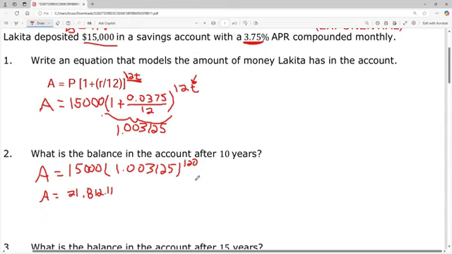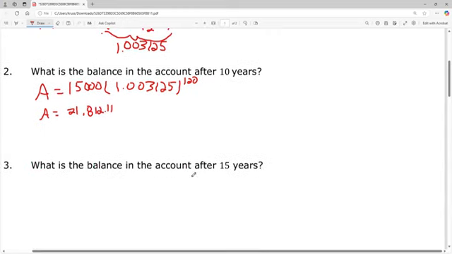Okay, so now it's asking what's the balance in the account after 15 years. Well, it's the same thing. I do A equals 15,000 times 1.003125.